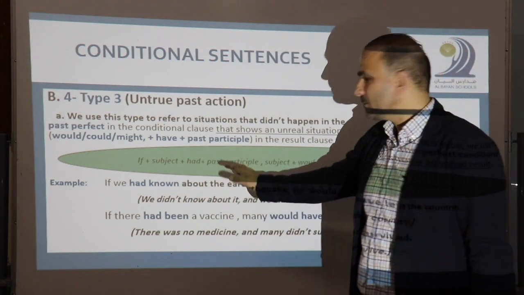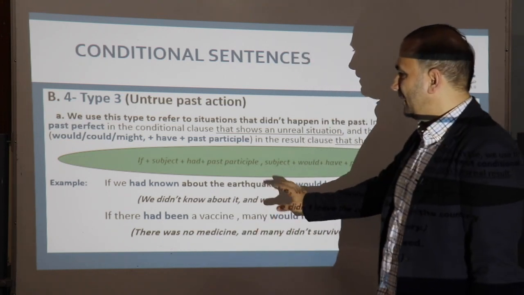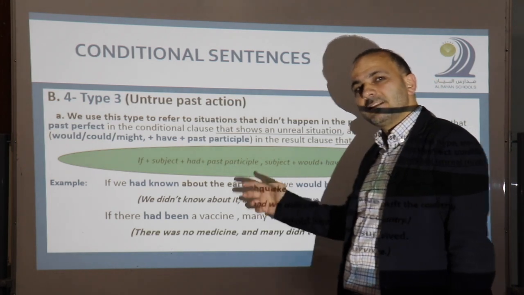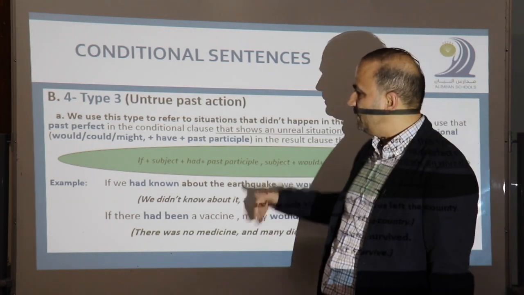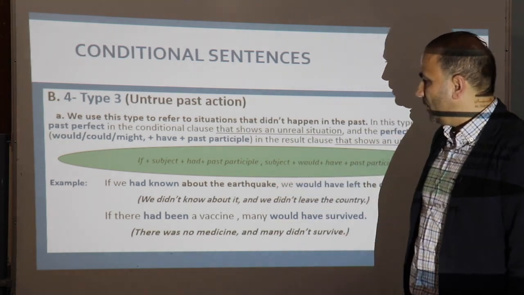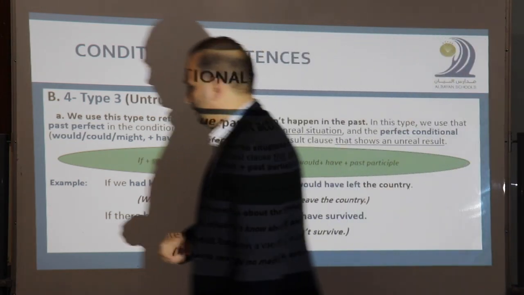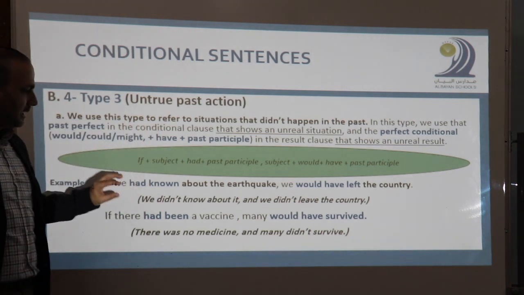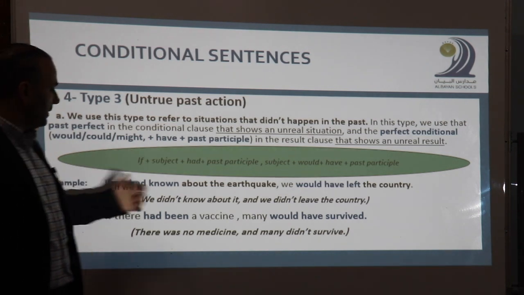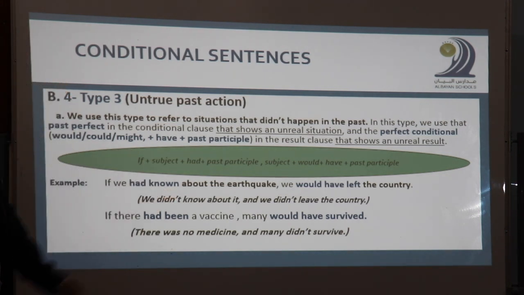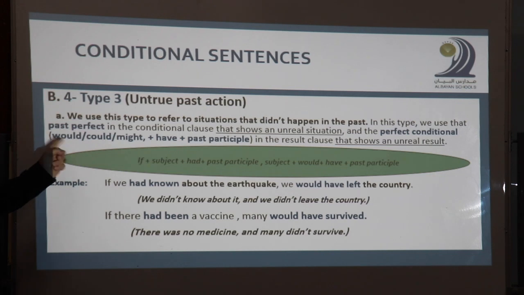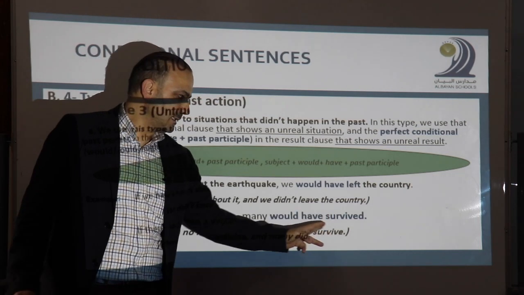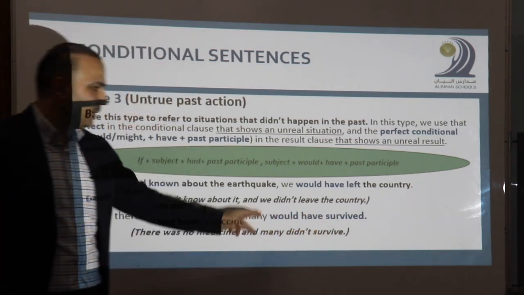Of course later on we will see what the statement of this sentence is, and how it becomes the past perfect. Okay? Let's see. Later I said that we'll go back to these statements, how they really become conditional sentences. And the perfect conditional: would, could, might, plus have, plus, of course, the past participle. Have you seen it? Would plus have plus written.